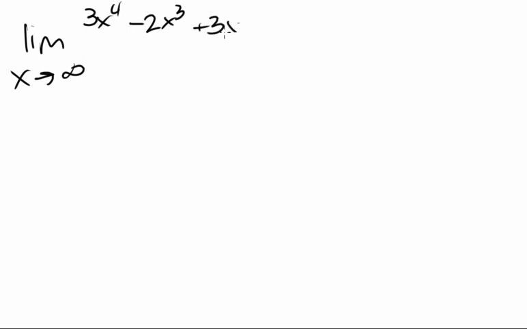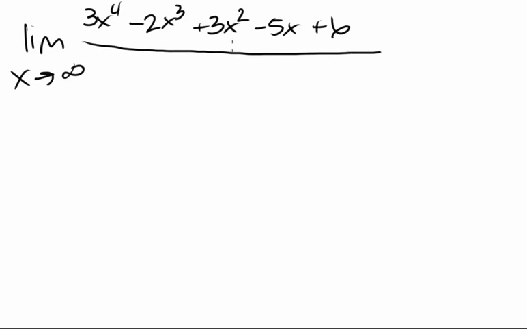Plus 3x squared minus 5x plus 6. All right, and then all of that divided by 3x to the 4th. Now, if you notice, there's kind of a problem with this one, just like the last one.